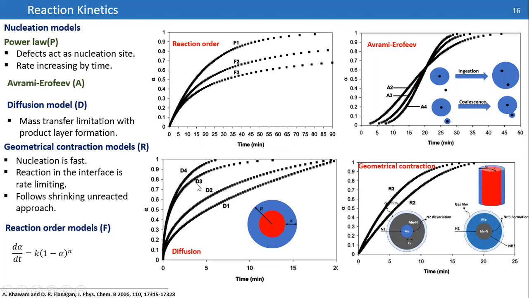That means that as your reaction proceeds and your solid is penetrating inside of your catalyst, you will have the problem of diffusion, and it would limit your reaction rate.